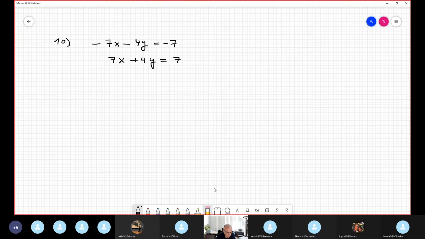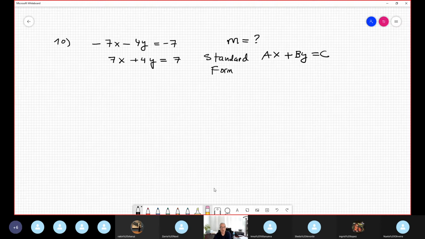Okay? Now, they want you to find the slope. I don't know what the slope is because this is expressed in standard form. In standard form, you don't see the slope clearly. Ax plus by equals c represents the standard form of the equation of the line.